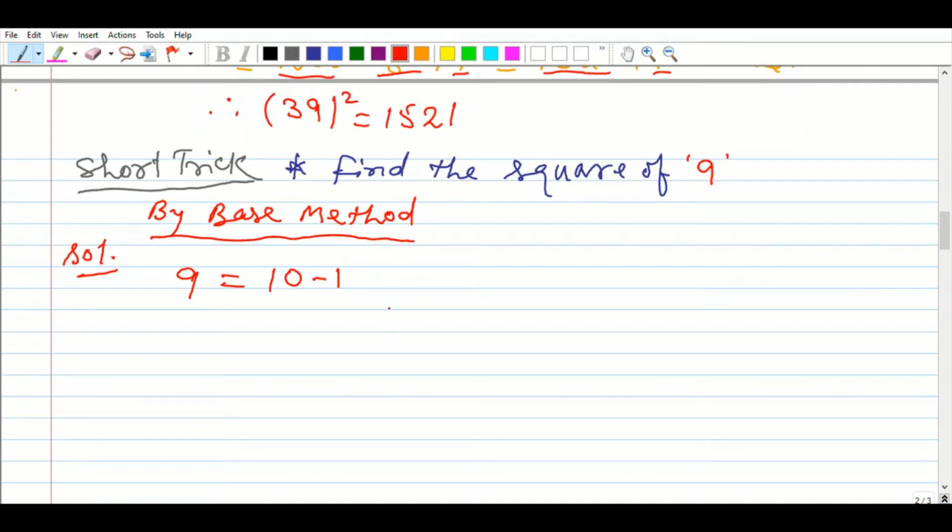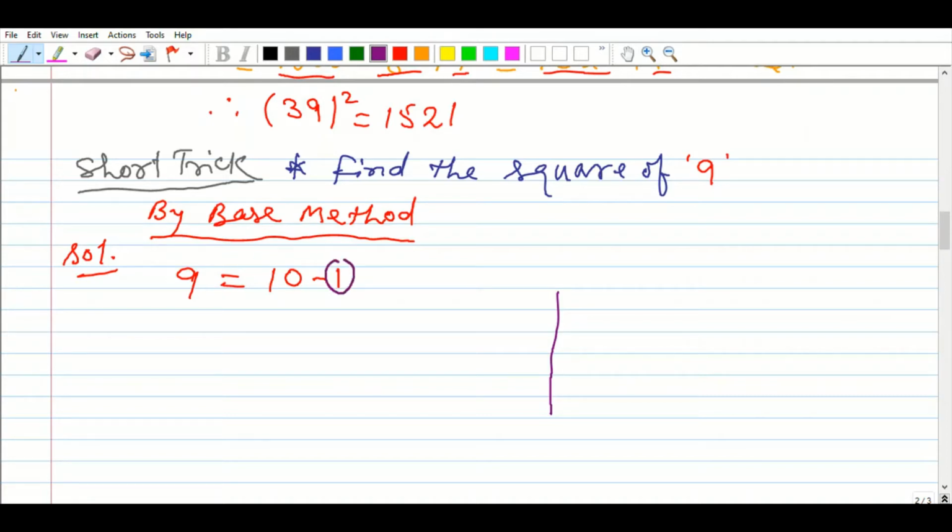Let's make a 2 column here. Here is 10 minus 1. We get 9. Very good. Square the deficiency 1. That means 1 is less than.